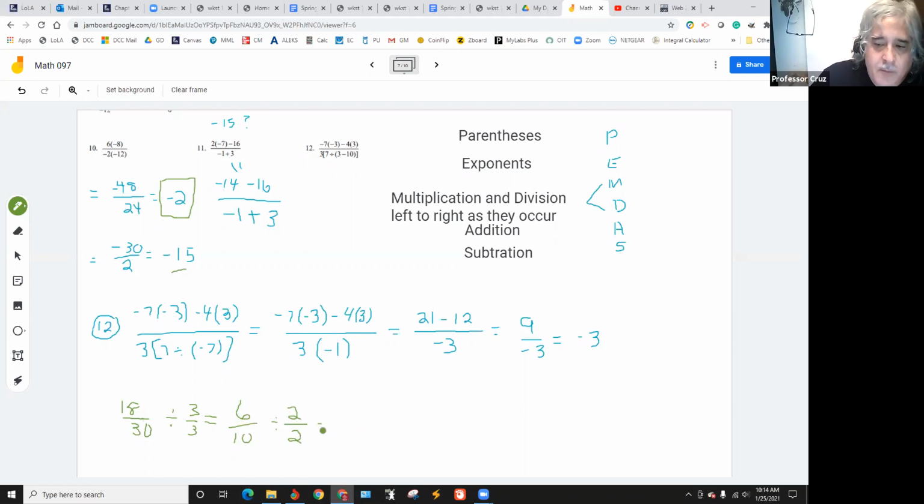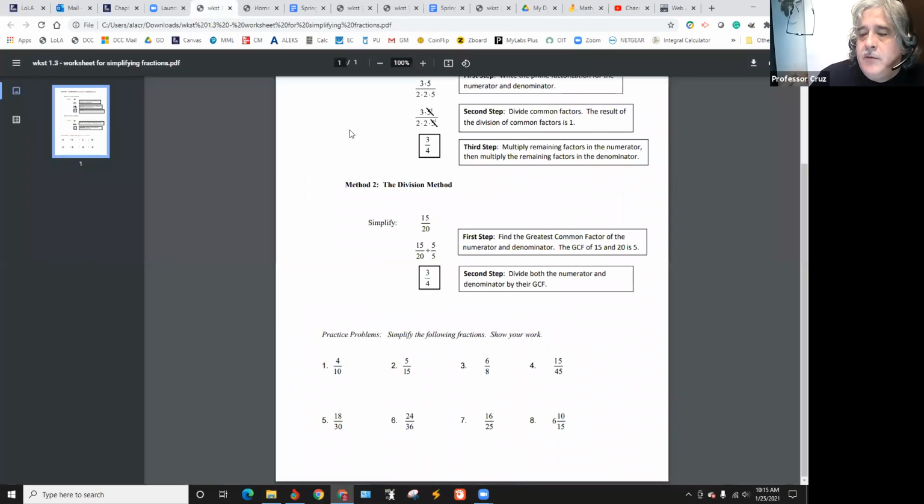In other words, it followed a basic rule. So 6 divided by 2 is 3. 2 into 10 is 5. All right. So sometimes if you don't get the largest one, you still got to check, though. Make sure that it's totally simplified.